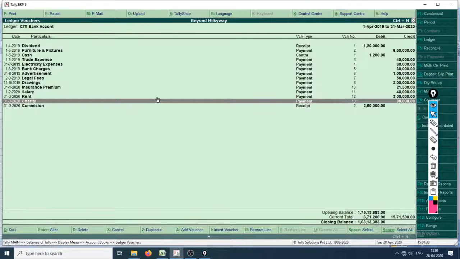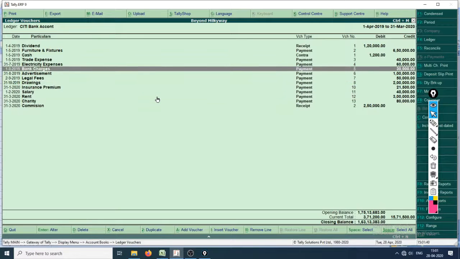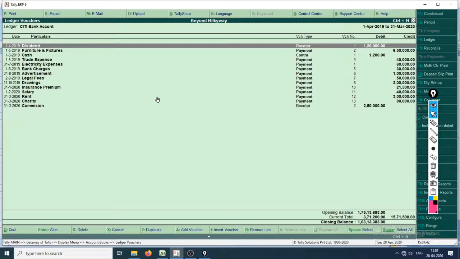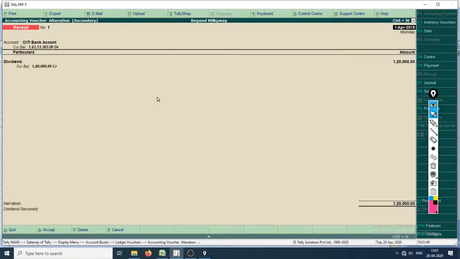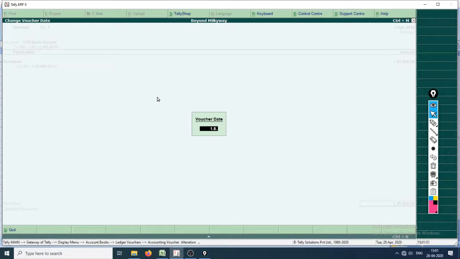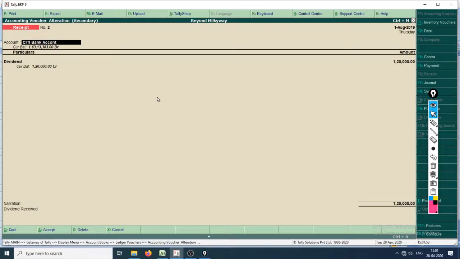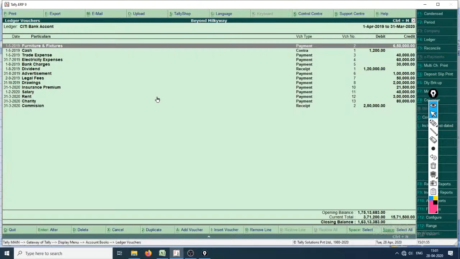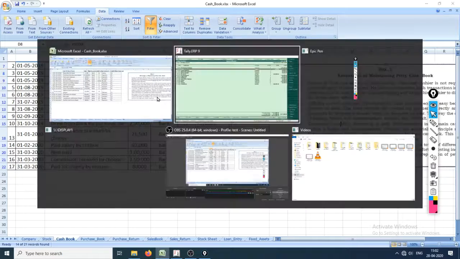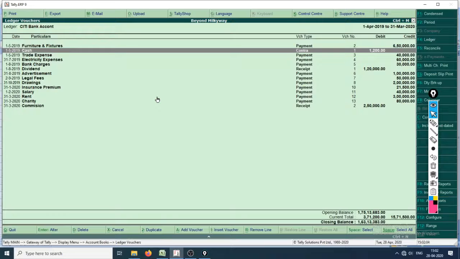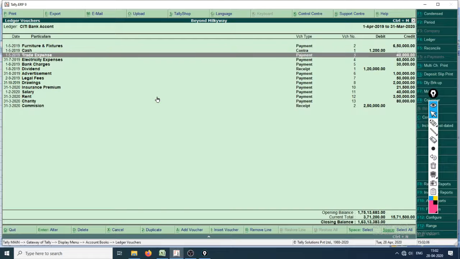The date of dividend received is wrong, hence let's change the date. F2, 1819. This is how you tally, you check an account. Contra 4 lakh.